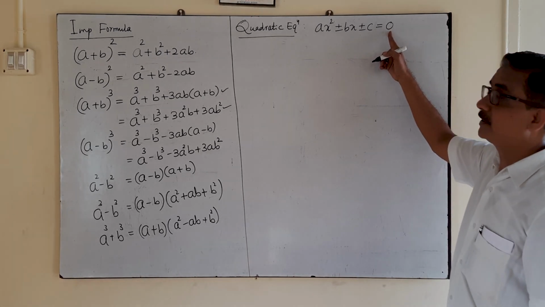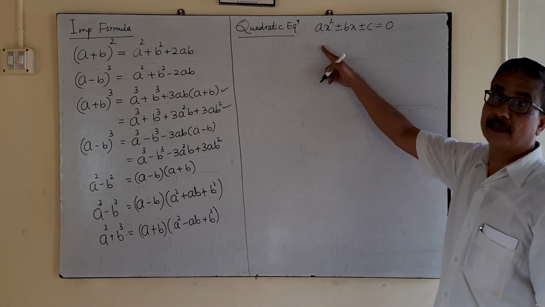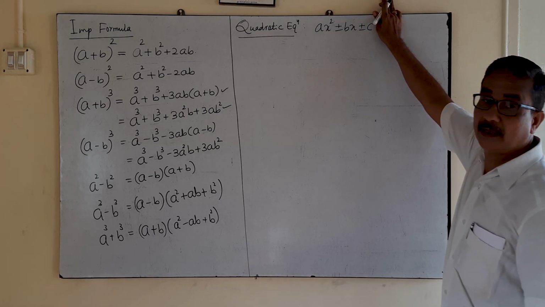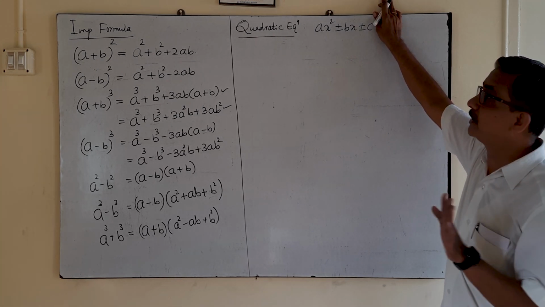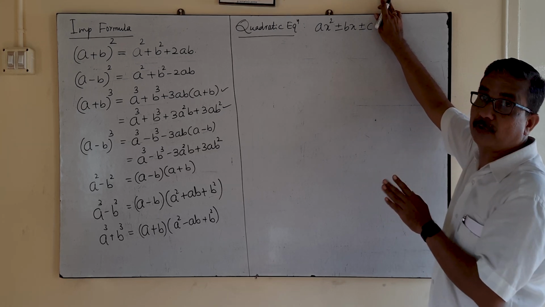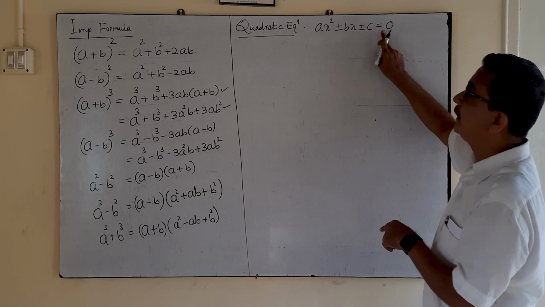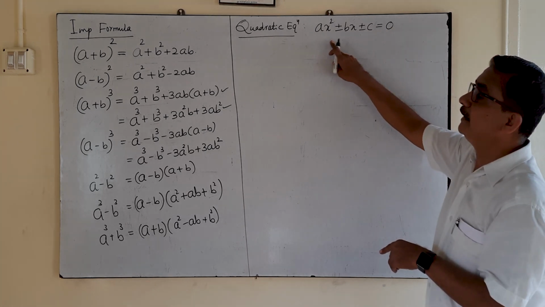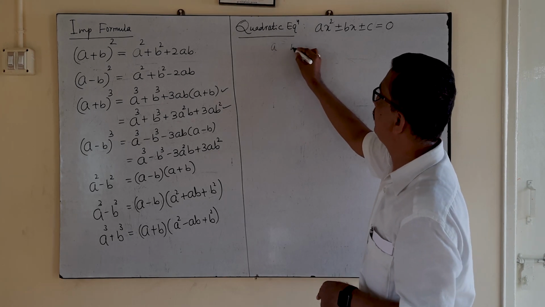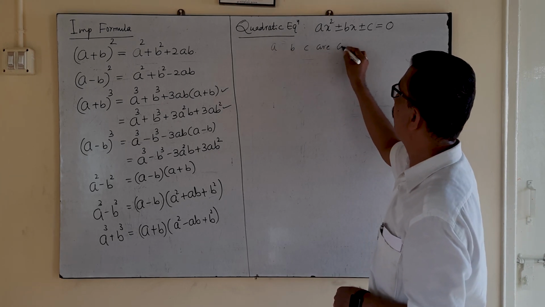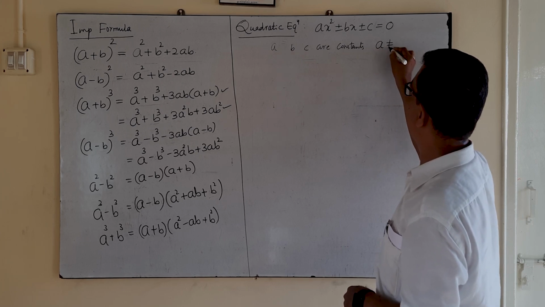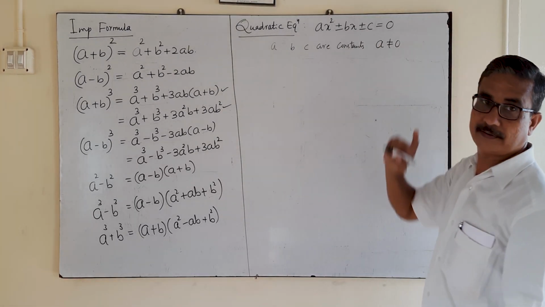Only if it is equal to 0 is it a quadratic equation. If it is not equal to 0, it is not an equation, it is only a quadratic expression. For it to become an equation, equate it to 0, then it is called a quadratic equation. Here a, b, c are constants, and one more condition: a value is not equal to 0.